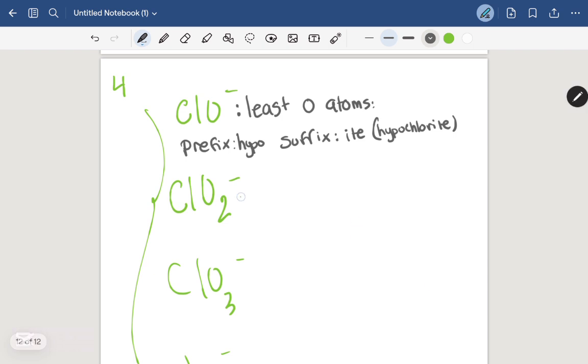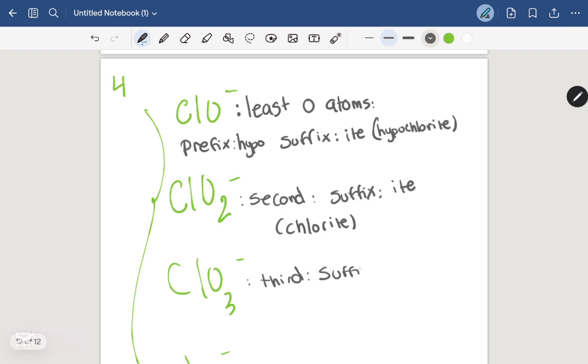Then we move on. This one is second. If it has the second least amount of O atoms, it will only get one thing, which is a suffix, and the suffix is going to be ite. So in this case, it's going to be chlorite. If it has third, it's progressively increasing the number of O atoms, then it will also only get a suffix, but its suffix is going to be ate, not ite.